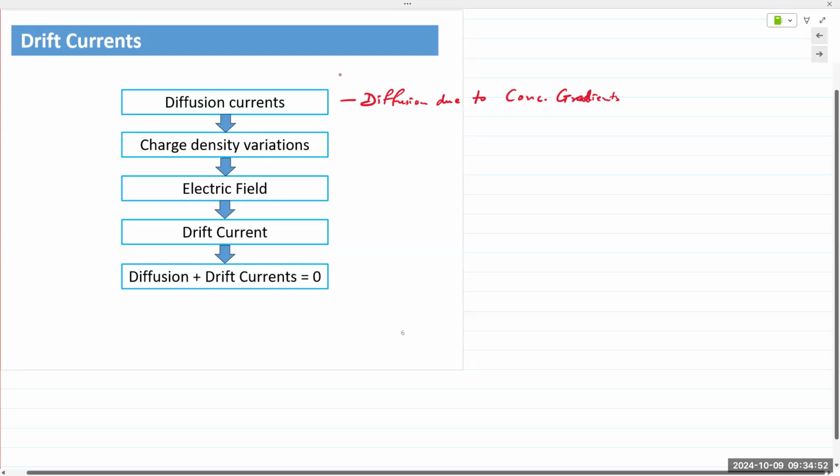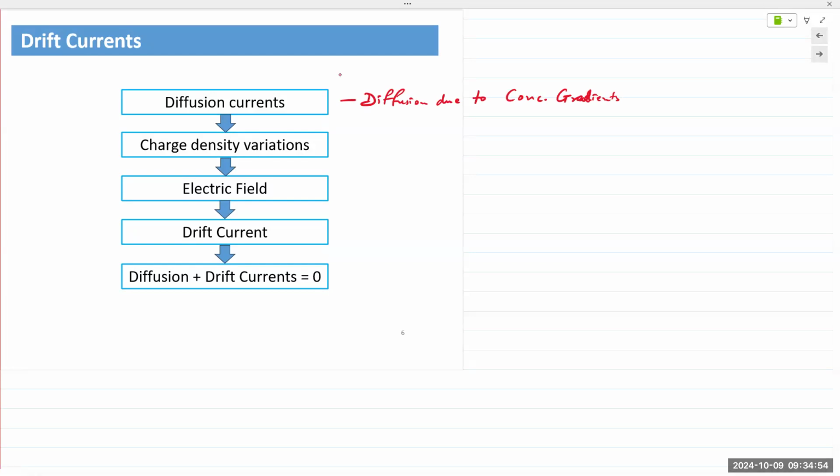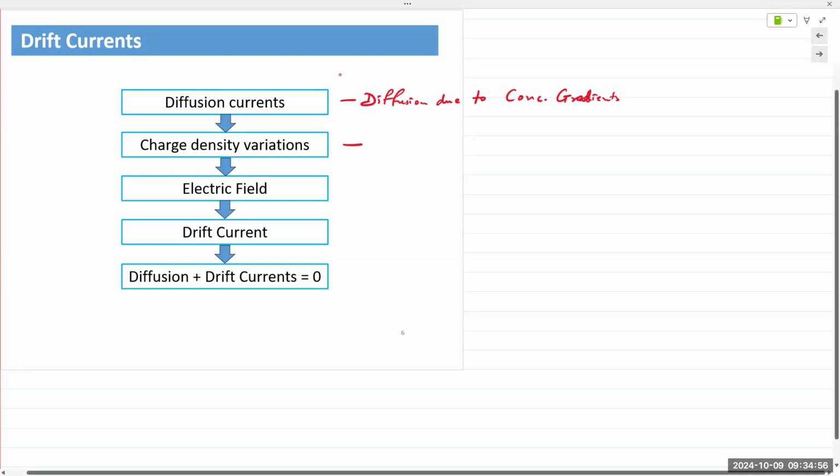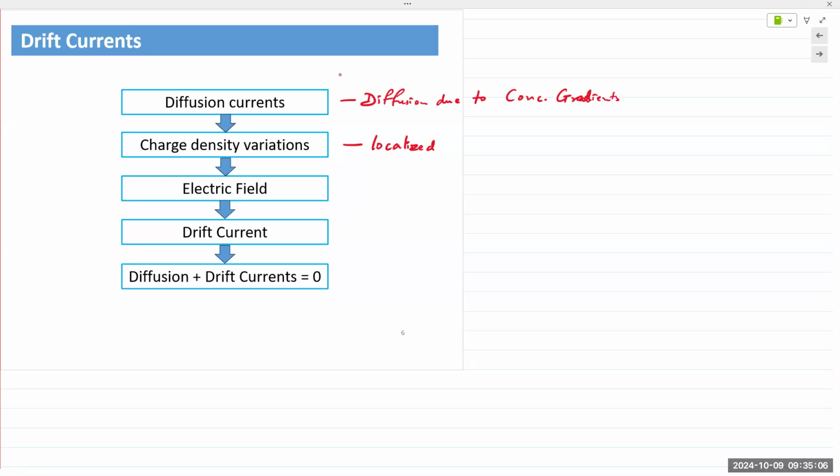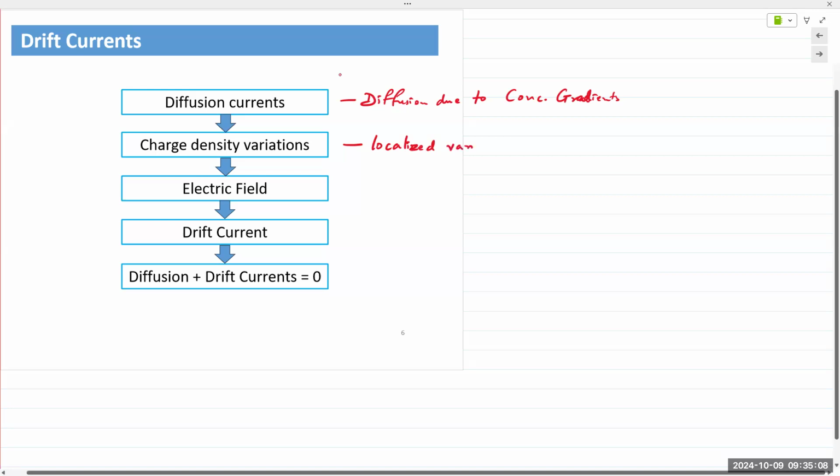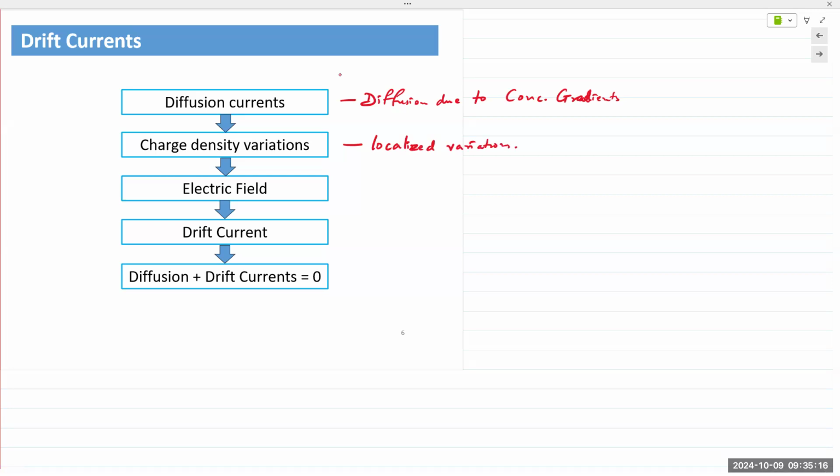And then, because of the diffusion of the charge carriers, that creates localized charge density variations. Okay. So there's variation in the charge density. And because there is a difference in the density of charge in different areas, that gives rise to an electric field.